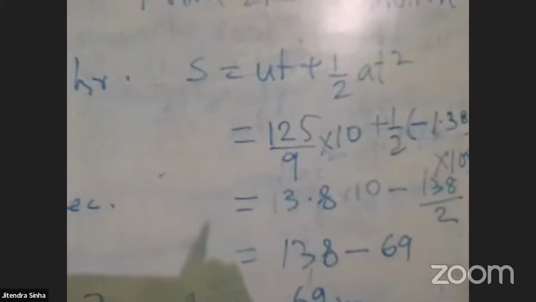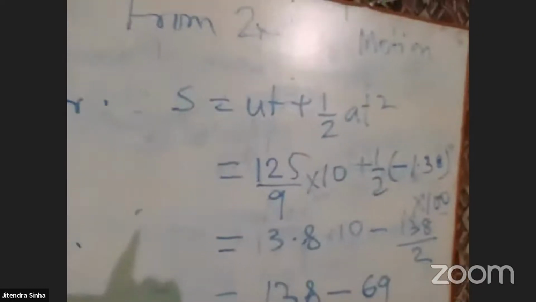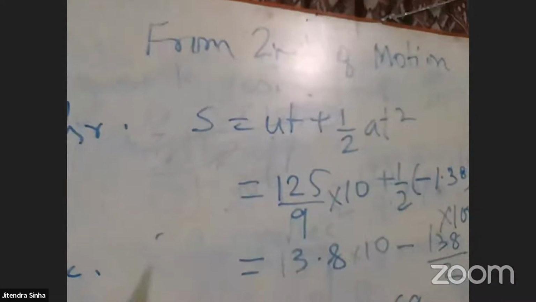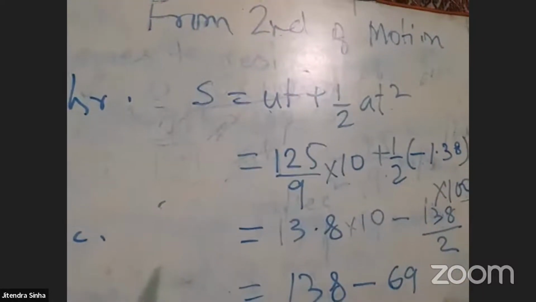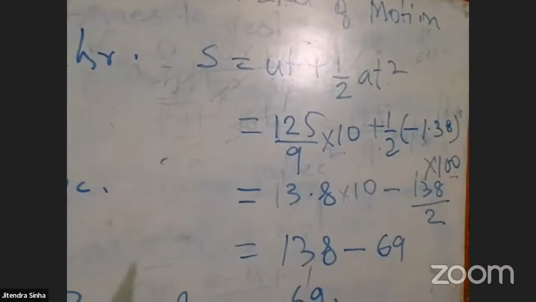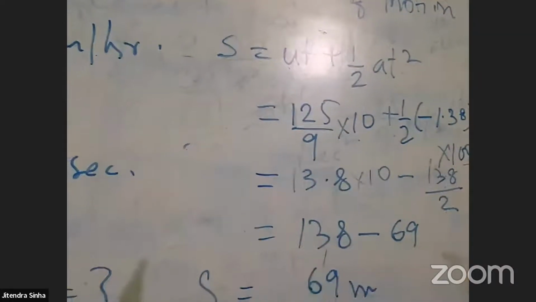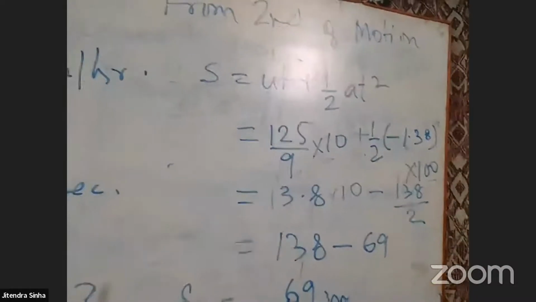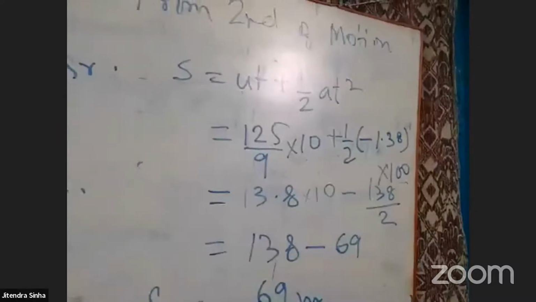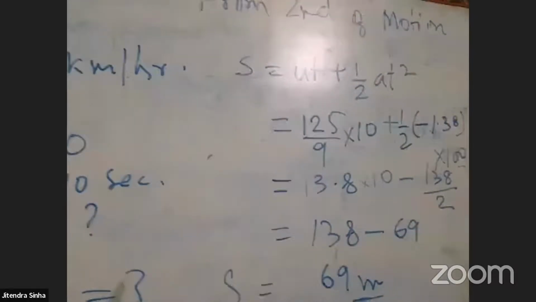दिखाई दे रहा है बोर्ड? Yes, sir. देखो, डिस्टेंस को कैलकुलेट करने के लिए वी आर टेकिंग द सेकेंड इक्वेशन ऑफ मोशन. और सेकेंड इक्वेशन ऑफ मोशन में क्या बता रहा है? s इज इक्वल टू ut प्लस हाफ at स्क्वायर. और यू पुट इट द वैल्यू, u का वैल्यू आपको आया था इनिशियल वेलोसिटी का 125 by 9 multiplied by 100, then plus half, and the value of acceleration negative है minus 1.38 into t square, that is square of 10, you are getting 100.